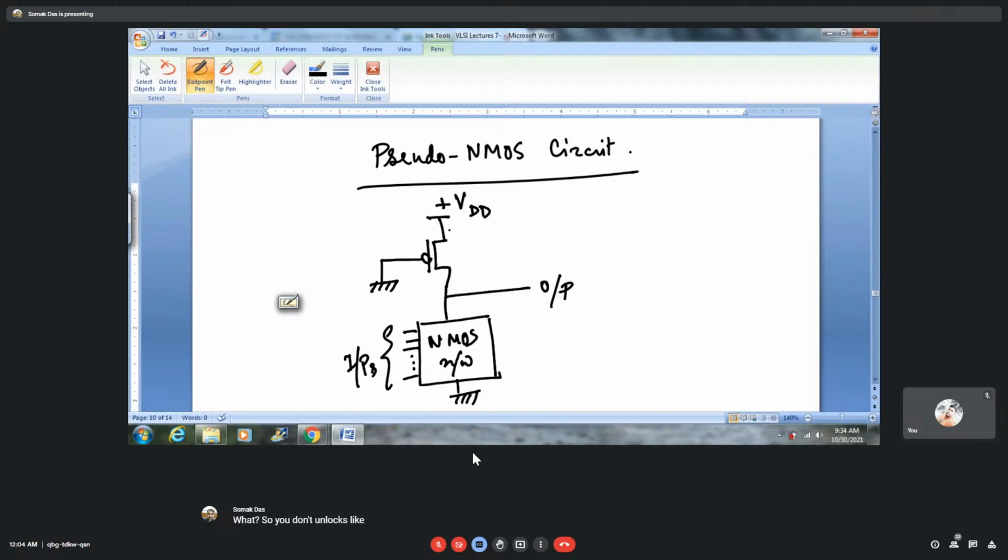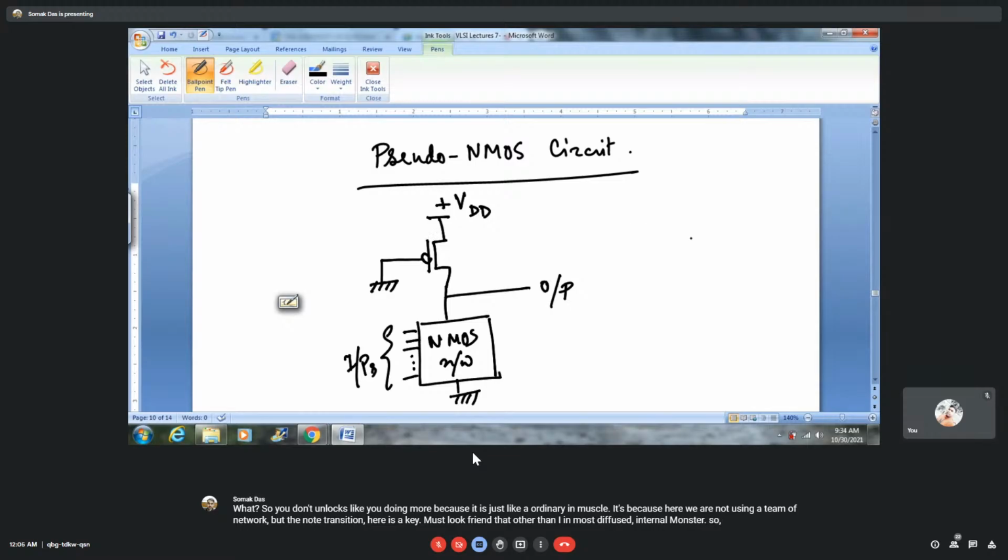Why pseudo NMOS? Because it is just like an ordinary NMOS circuit, because here we are not using a PMOS network, but the load transistor here is a PMOS load transistor rather than a diffused N channel MOS transistor.